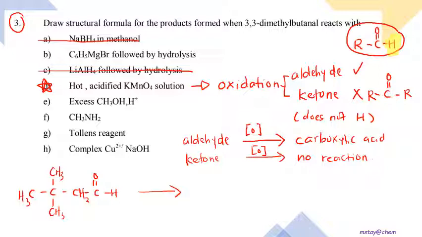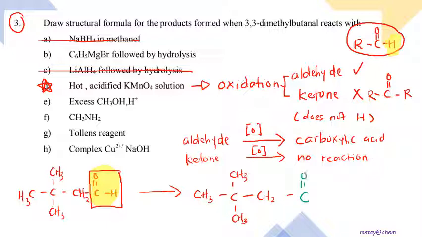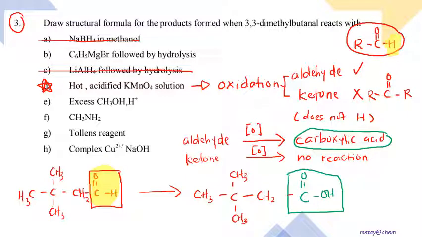As usual, this is the functional group for the aldehyde. So the structure, except for the aldehyde part, will remain the same: CH3, CH3, CH3, CH2. The functional group C double bond O H will change to C double bond O OH, because the functional group for carboxylic acid is the carboxyl group, which is the structure C double bond O OH.